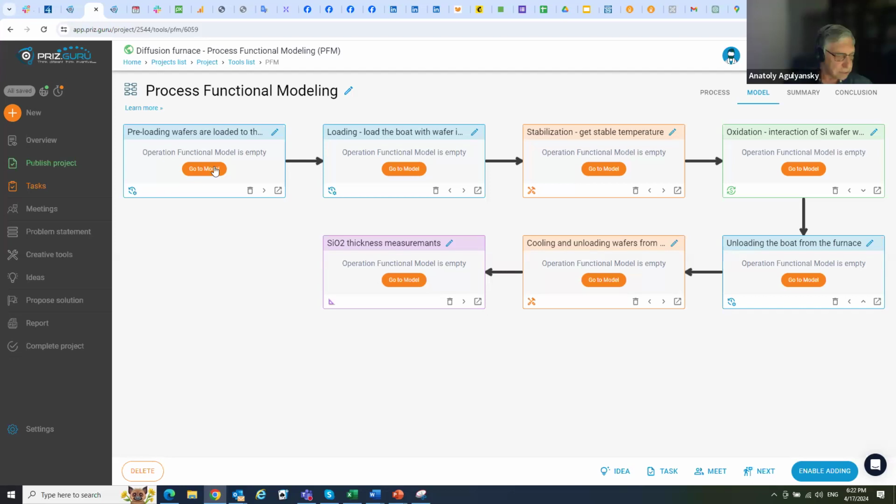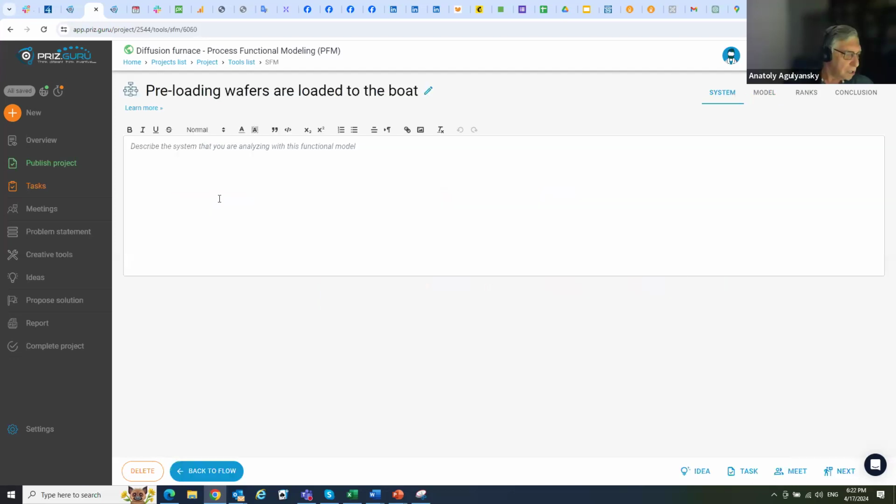For instance, let's go inside of this operation. We can write down what happens during preloading. We can write that the furnace is open. Okay.